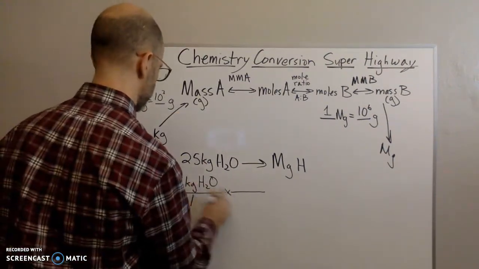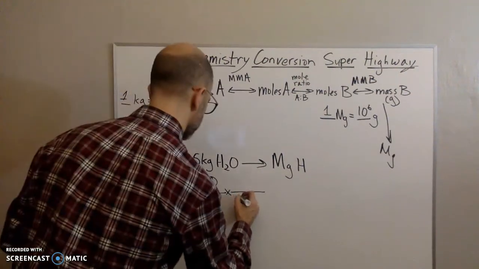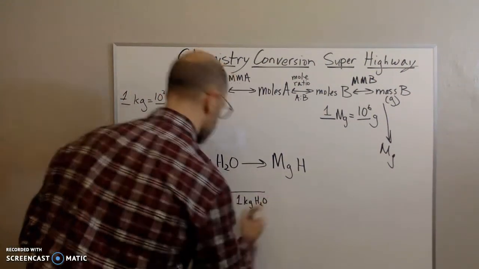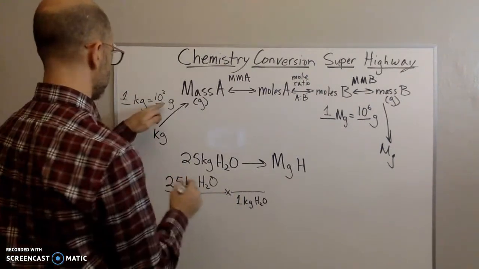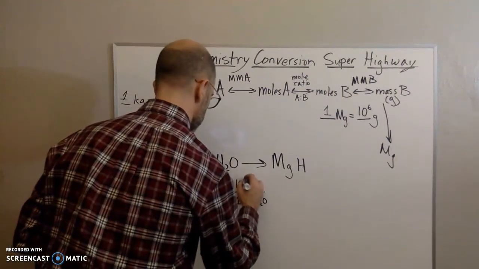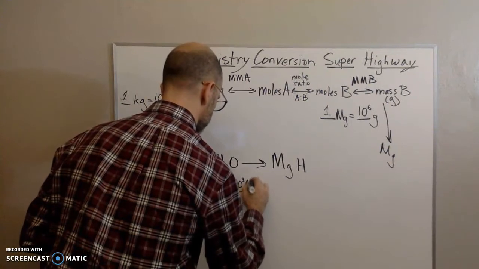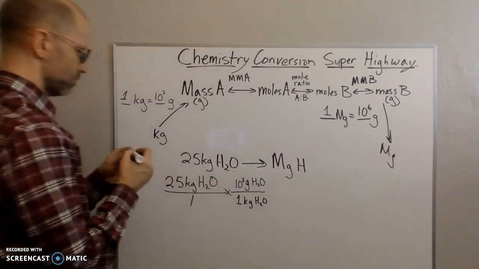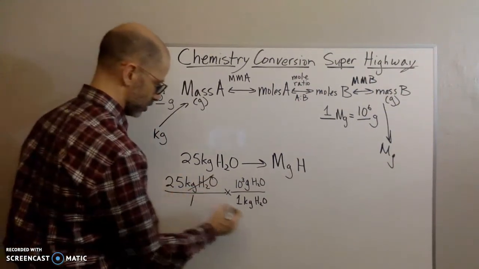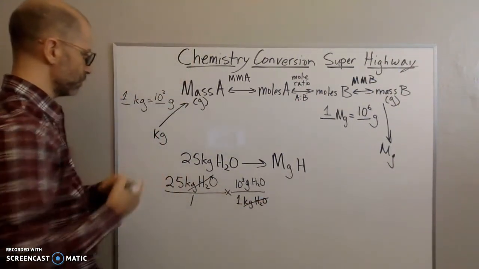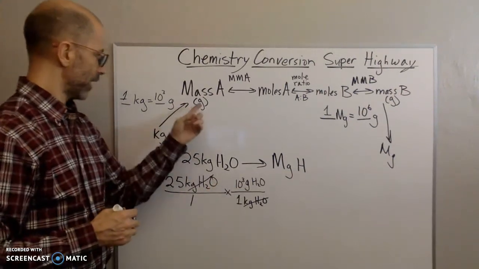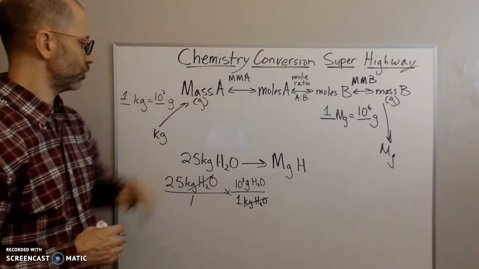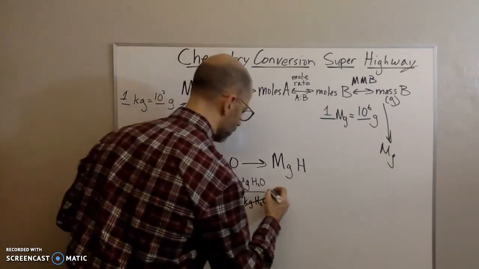Kilograms goes on the bottom: 1 kilogram of water on the bottom, and 10 to the 3 grams of water on the top. So kilograms of water cancels out. Now I have grams, I'm on the highway. Now I can go from grams to moles using the molar mass of water.